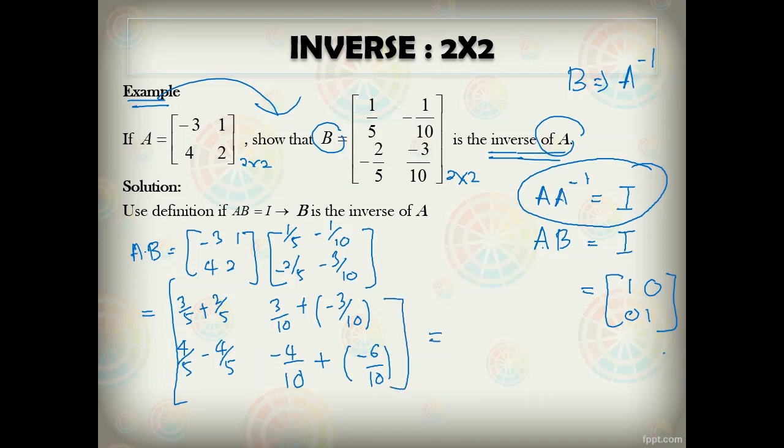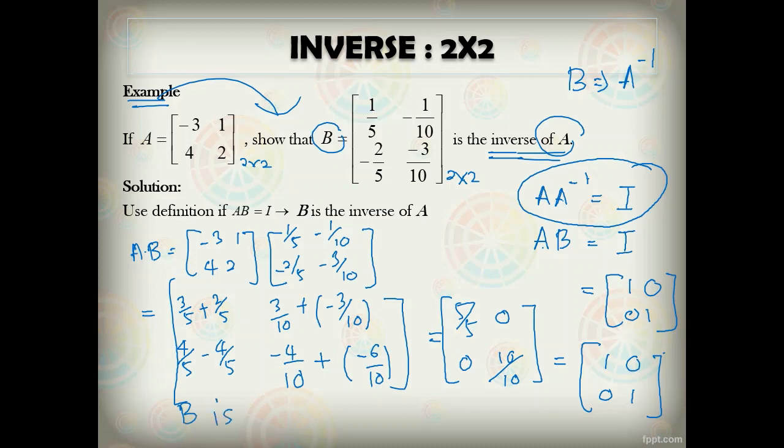So this is 5 over 5, this is 0 because 3 minus 3 is 0, 4 over 5 minus 4 over 5 is 0, and minus 4 minus 6 is 10 over 10. So we get 1 0 0 1. It is proven, and we can conclude that B is the inverse of matrix A.